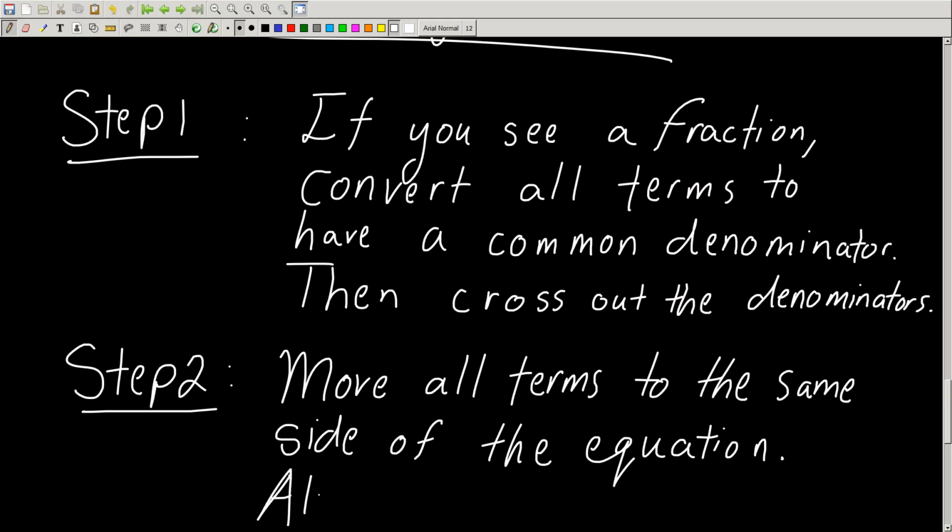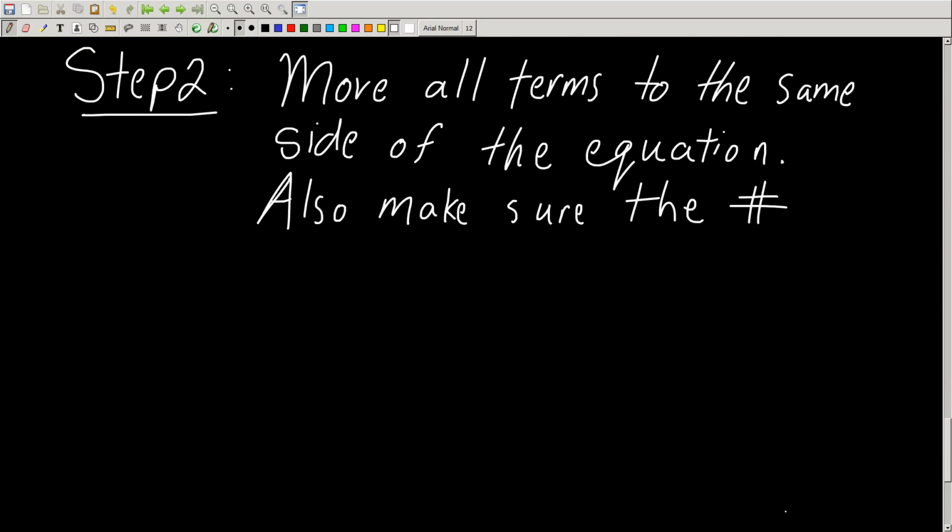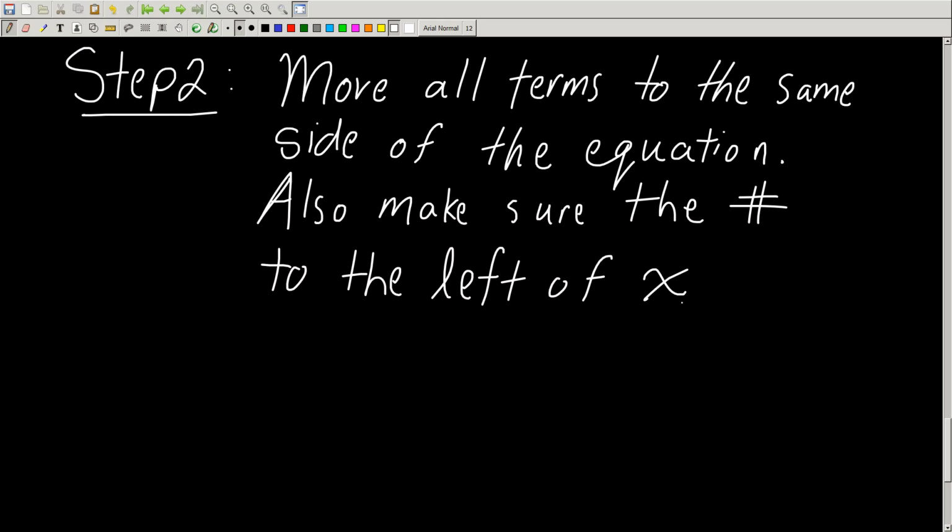Also, make sure the number to the left of x, and what I mean by to the left of x is the number in front of x, has a positive sign.